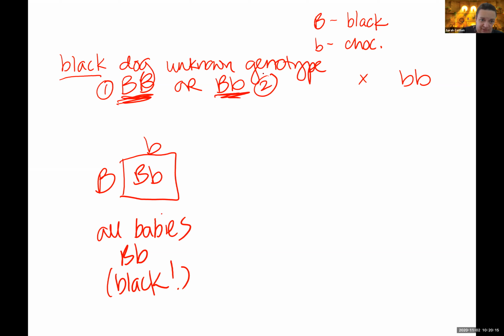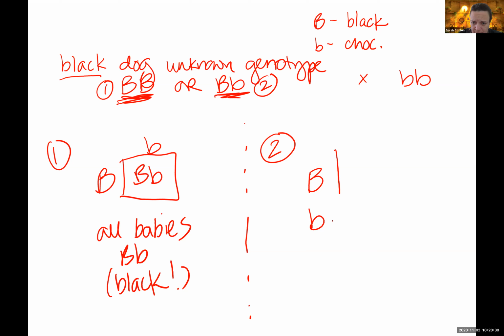So our second possibility, so 1, 2. What's our second possibility? Our second possibility is that she is heterozygous. So her eggs could have a big B or a little b. And then once again, he still can only give one. He can only give little b's because that's all he has, right?